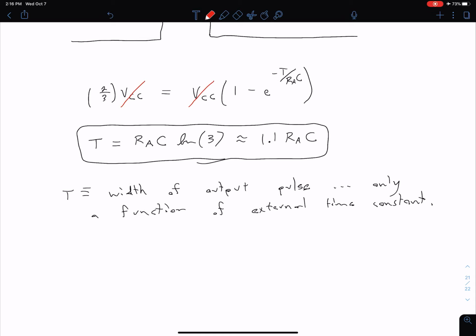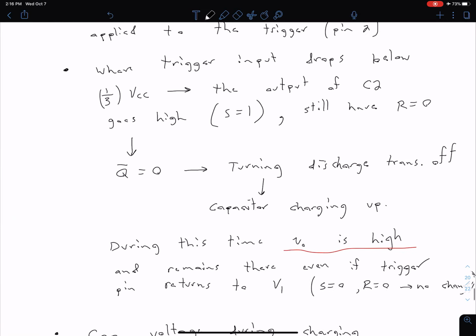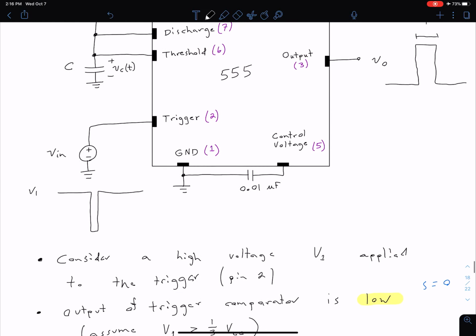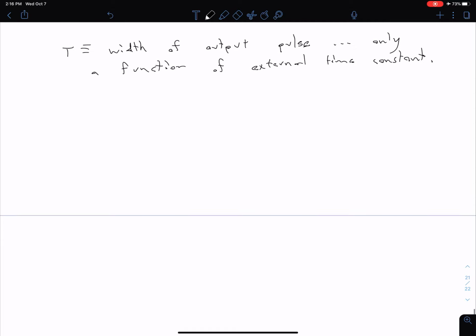One other thing to note, let me scroll back up here. We said in this original circuit, we were assuming that this time that it is low is relatively short, and then it pops back up to V1. So we do want to put a restriction on that and say that our triggering input pulse has to be shorter than T. So this duration here has to be shorter than T. Let's come down here and make this note.